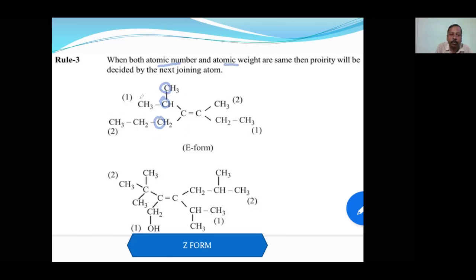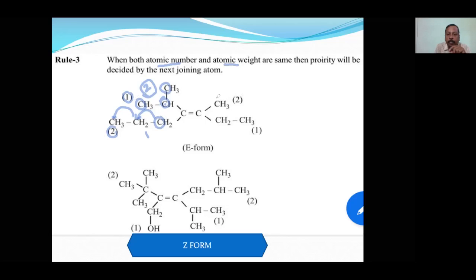Further it is attached to two carbon atoms here, and further attached to one carbon here. So the higher atomic number is for this carbon atom because it is attached to two carbon atoms. Therefore higher priority will be to this, and lower priority to this, because this carbon is further attached to only one carbon.